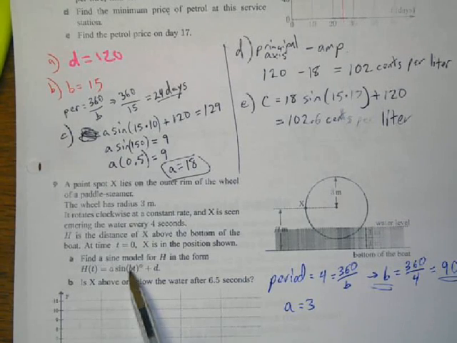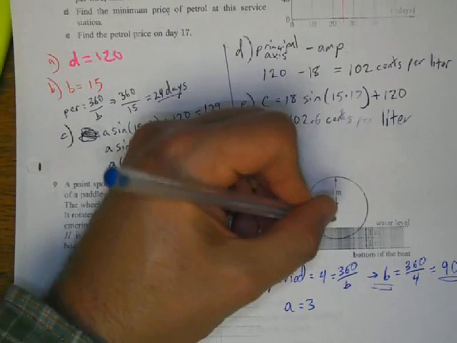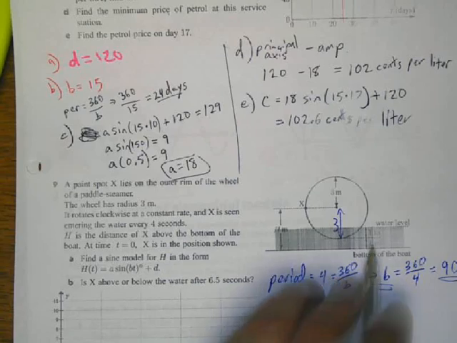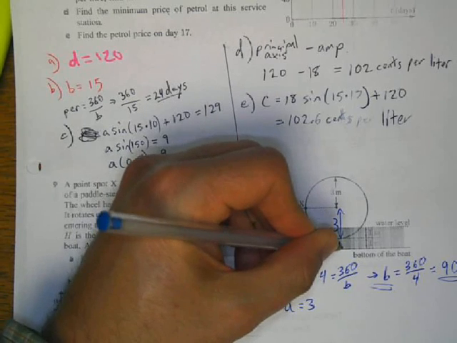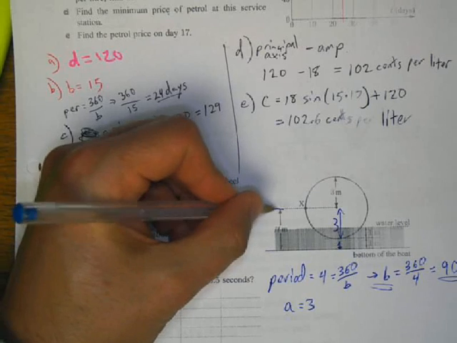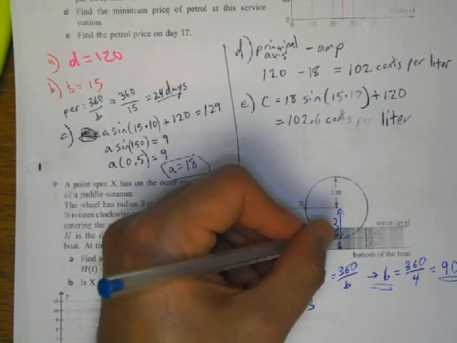And D, how high is this? So we know that from here to here is 3, and we know that this is 1. So H here has to be 4, because 3 plus 1 gives me 4.